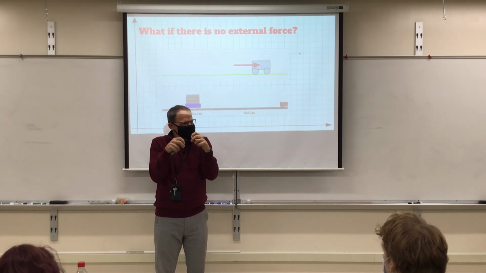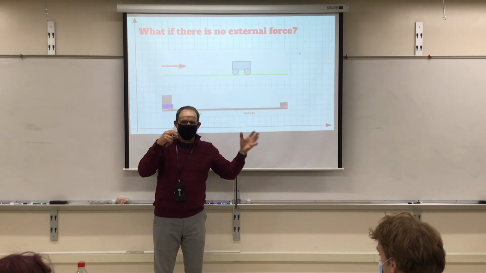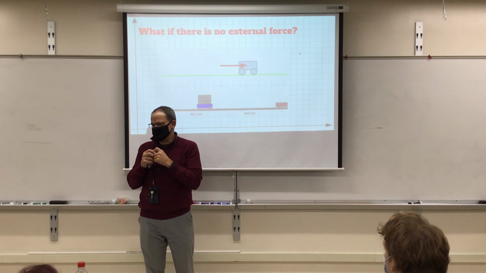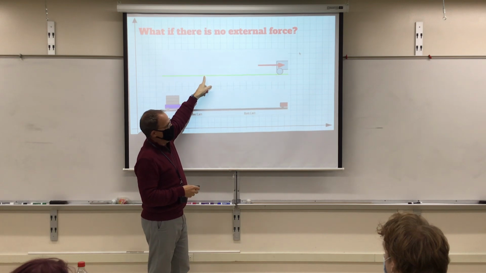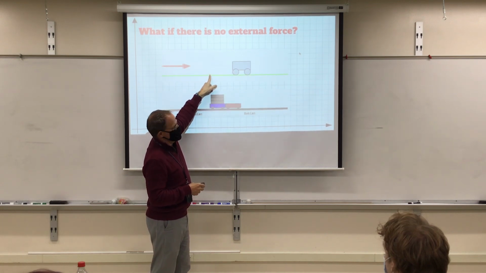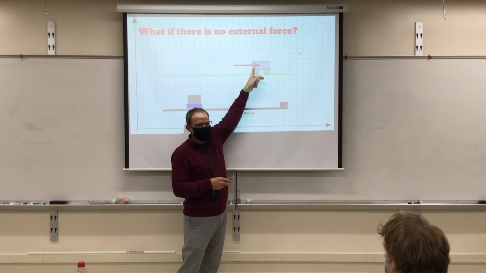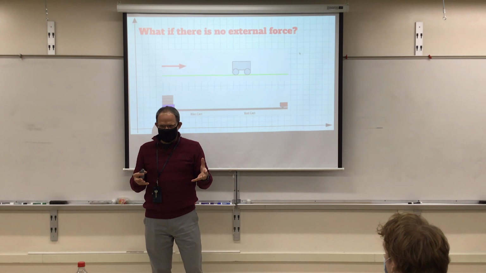Are they forces inside the system, or outside acting on the system? Inside. They're internal forces. Okay? So in this collision right here, there are no external forces. There's definitely forces, but they're internal. And if there's no external forces, there's no impulse on the system.